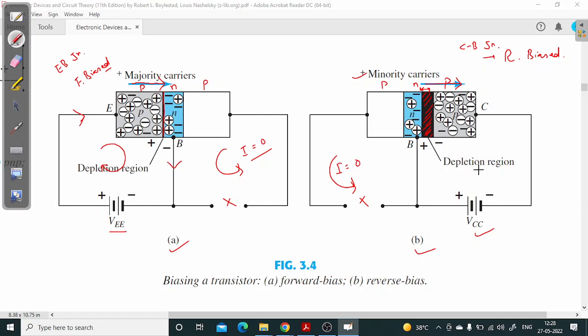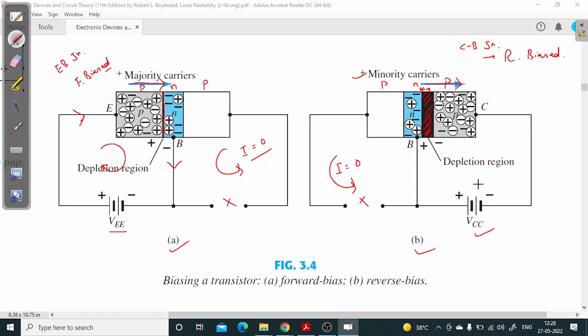And we also know that this is called reverse current or reverse saturation current, because the current value is almost saturated, that is, it will be constant with respect to the change in the value of VCC. But the value of this reverse saturation current will be very small compared to the current flowing through a forward biased diode.